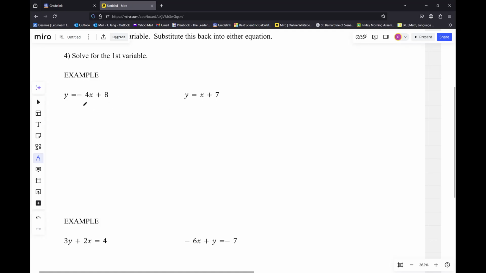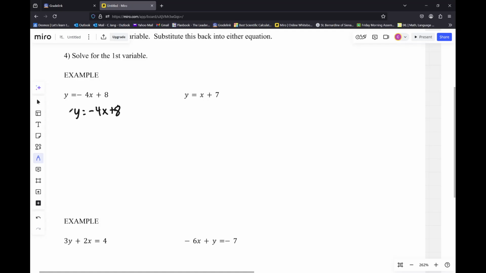All right, so what we're going to do is we are going to solve one of these in terms of y. So let's say we have y is equal to negative 4x plus 8, okay? And y is equal to x plus 7. All right, notice that for systems of equations, the variable is the same for both equations.